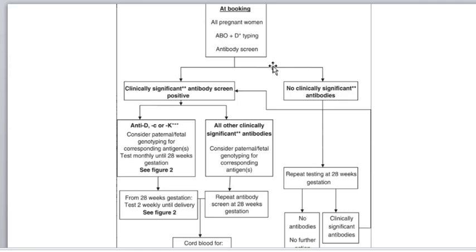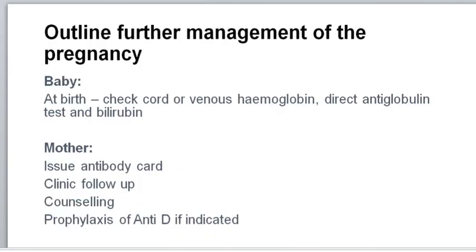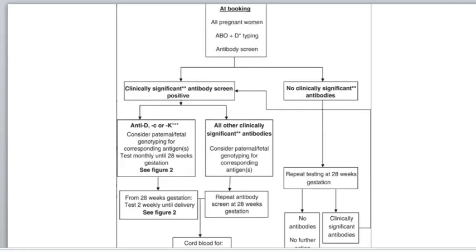This is given in the BSH guidelines. At booking, all women should have ABO and D typing and antibody screen. Then it depends on whether the antibody is clinically significant or not clinically significant. If not significant, repeat the testing at 28 weeks.